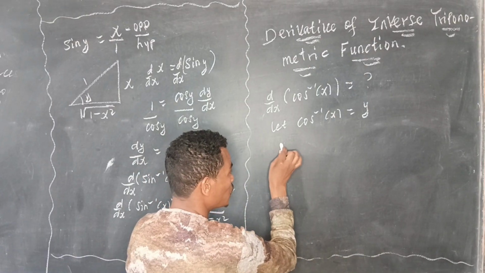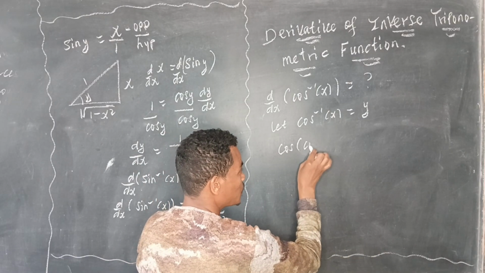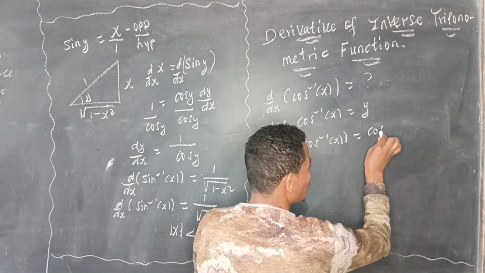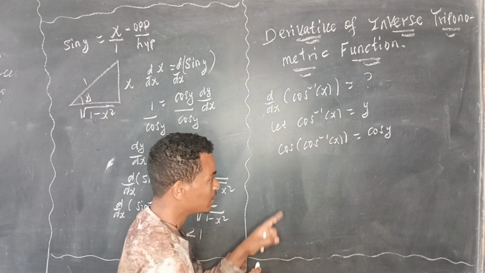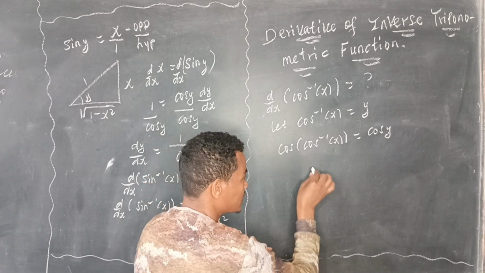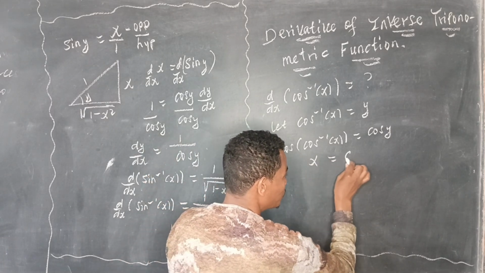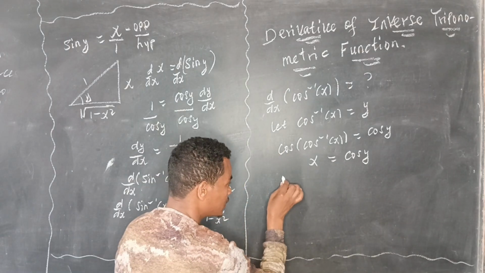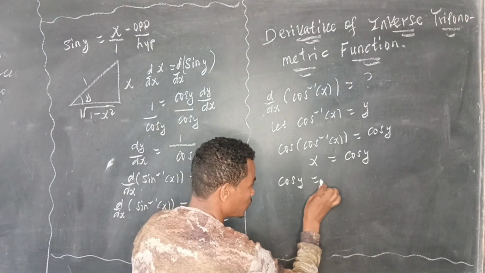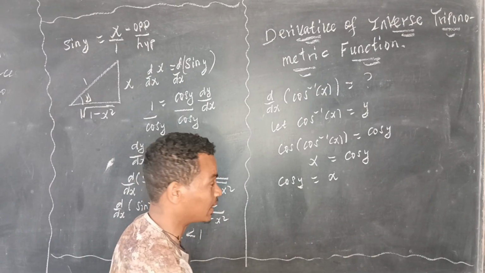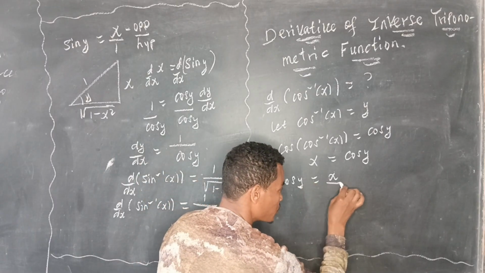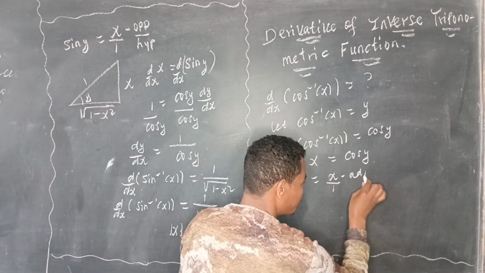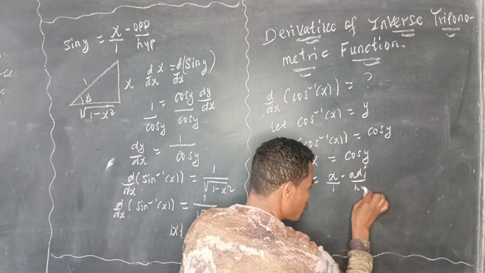Cos of cos inverse of x is equal to cos y, so cos y is equal to x, which is the same as x over 1. Here x indicates the adjacent and 1 indicates the hypotenuse.